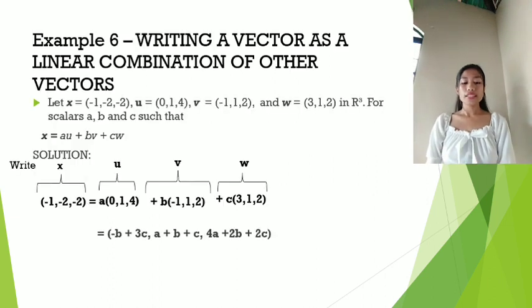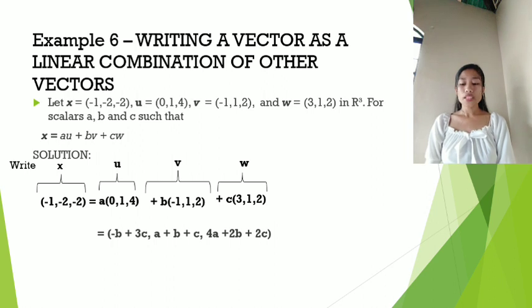Let's take a look at example 6, writing a vector as a linear combination of other vectors. Let X is equal to negative 1, negative 2, and negative 2. U is equal to 0, 1, and 4. V is equal to negative 1, 1, and 2.